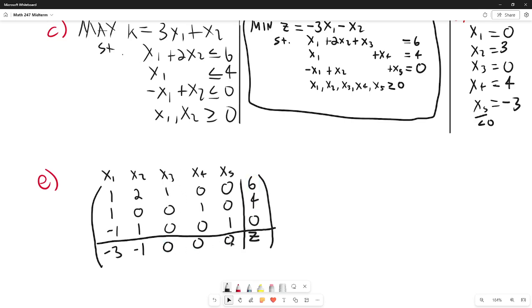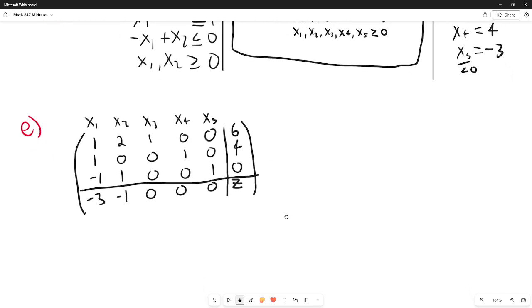Zeros below each column of that identity matrix, so 0, 0, 0, and non-negativity on the right side. We can't have any of these values be less than 0. If that 6 was the value -1, then this would not be in feasible canonical form.